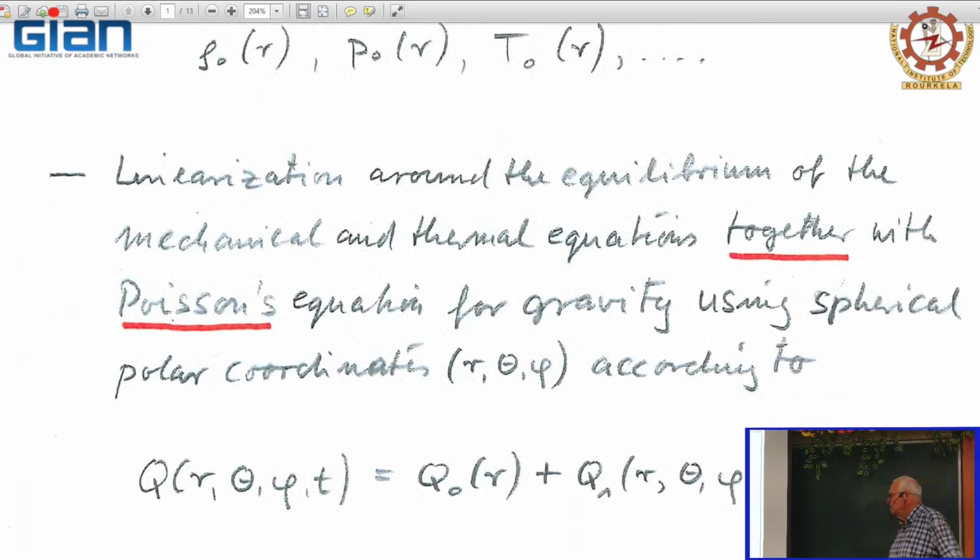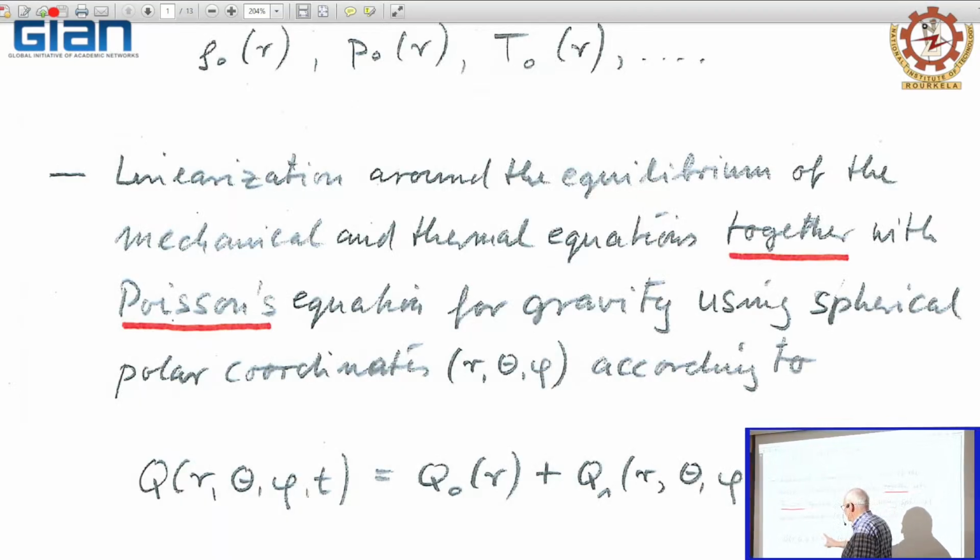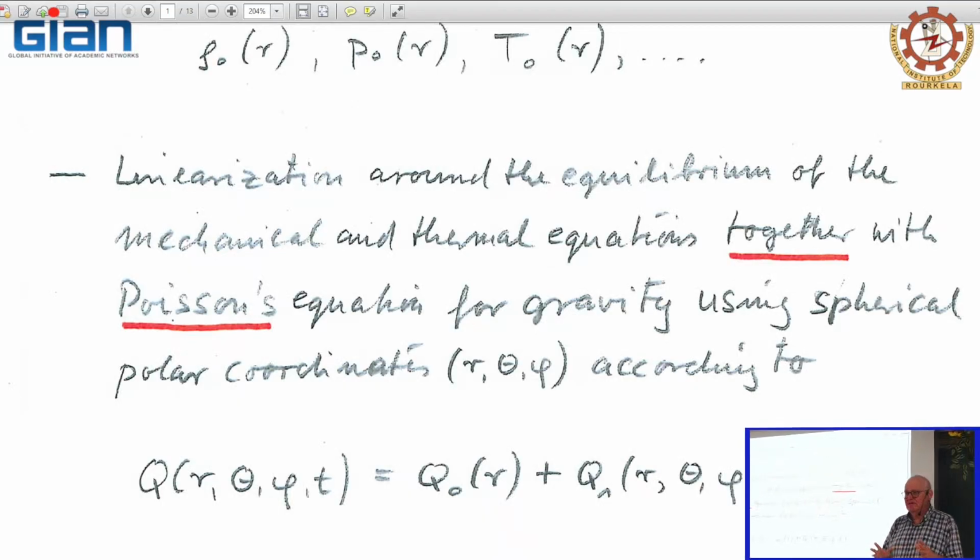So if we have a quantity Q, this will now depend on three coordinates. This is a three-dimensional problem; it depends in spherical polar coordinates on the radial coordinate r, on the two angles theta and phi, and on the time t. And similar to the radial case, we split this quantity into a hydrostatic, time-independent, spherical part, which we know.